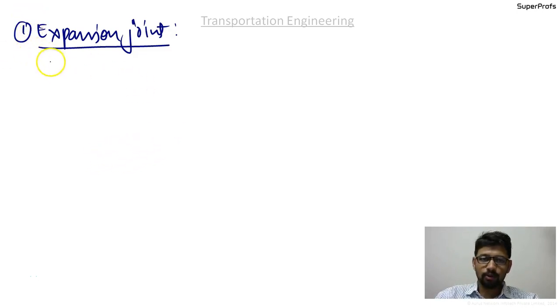The expansion joint is provided to allow expansion of the pavement due to rise in temperature, as the name suggests.